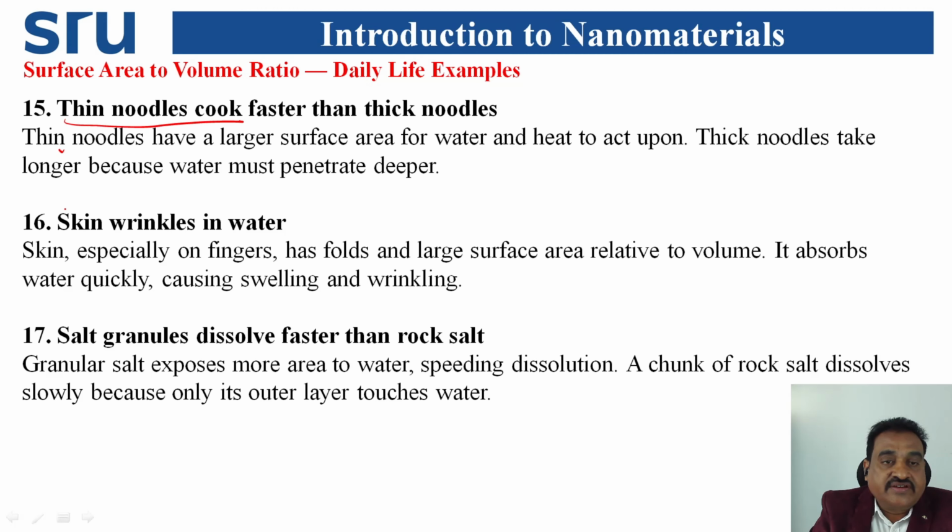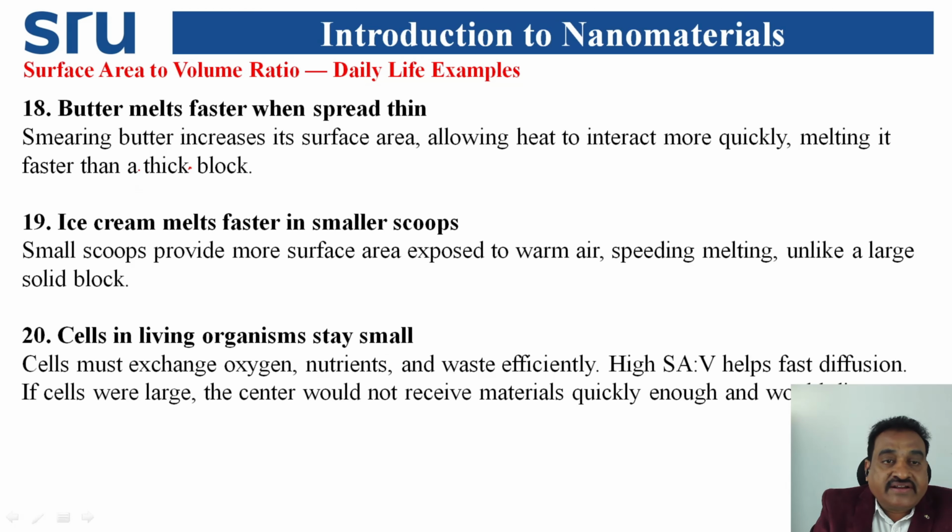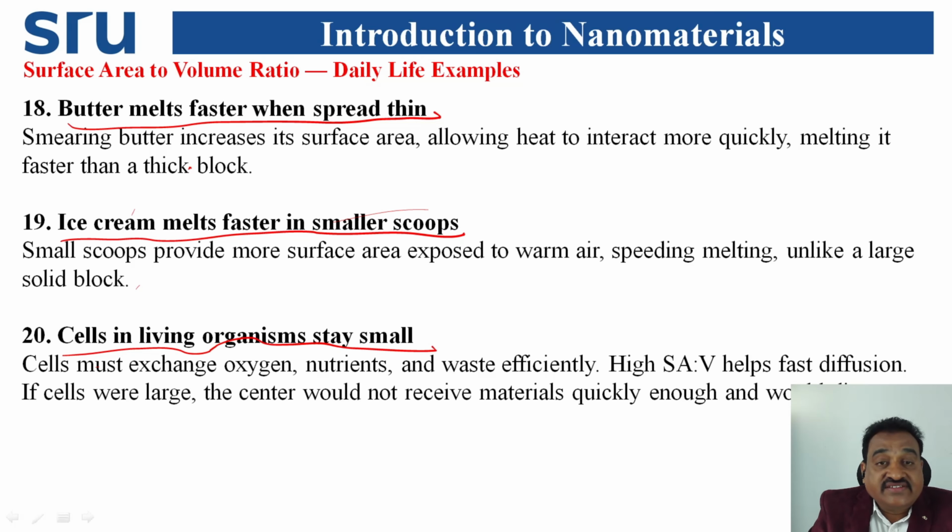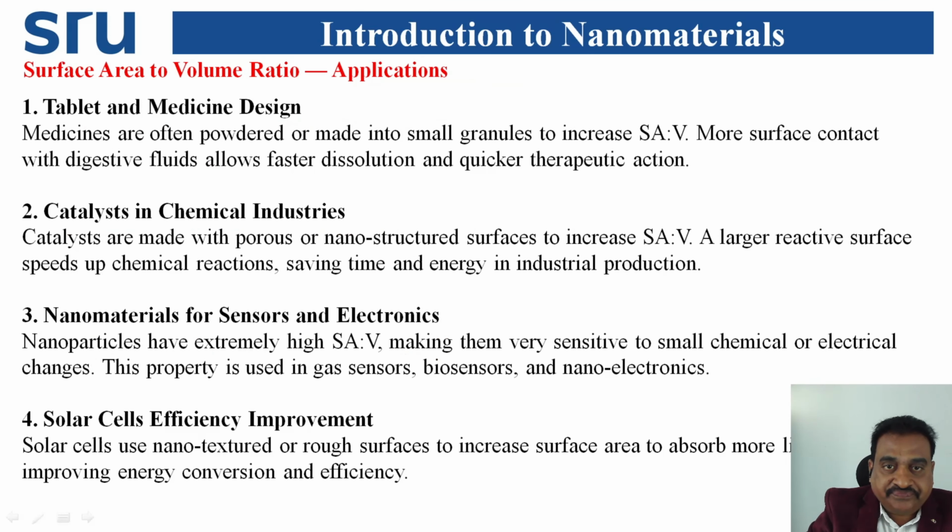Skin wrinkles in water. Salt granules dissolve faster than rock salt, and butter melts faster when spread thin. Ice cream melts faster in smaller scoops. Cells in living organisms stay small. These are the surface area to volume ratio daily life examples.